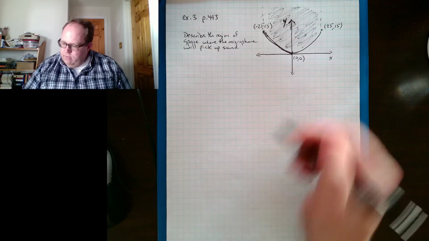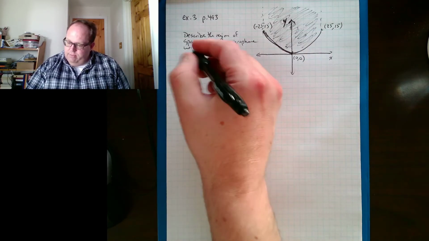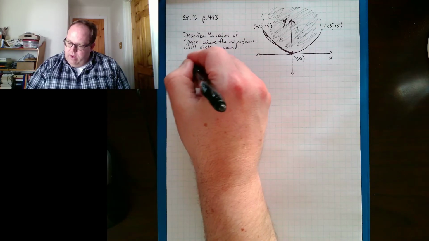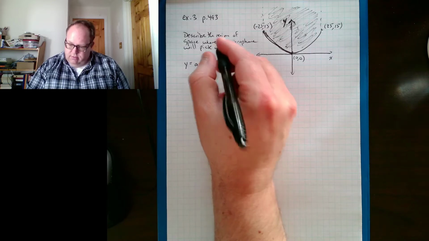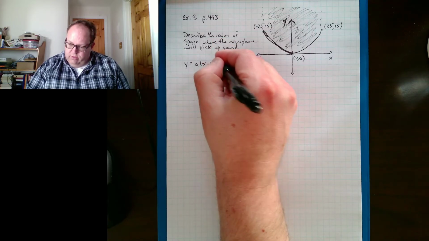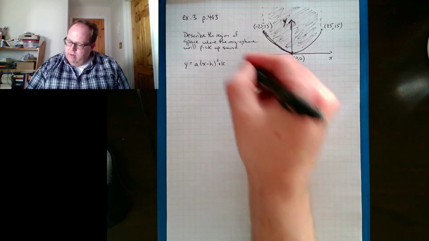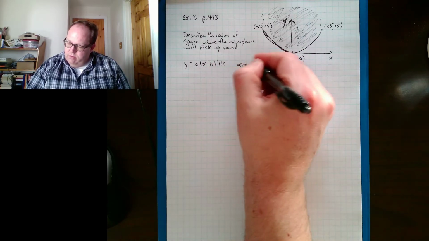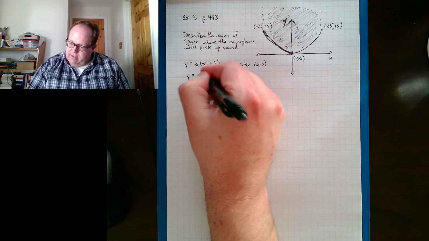So, we already know how to work out a quadratic with this. In vertex form, y would equal a times x minus h squared plus k. Our vertex is at 0, 0. So this is immediately just going to look like ax squared.